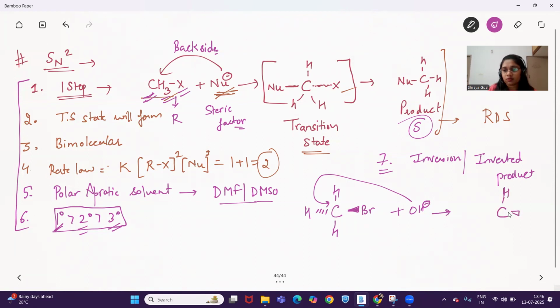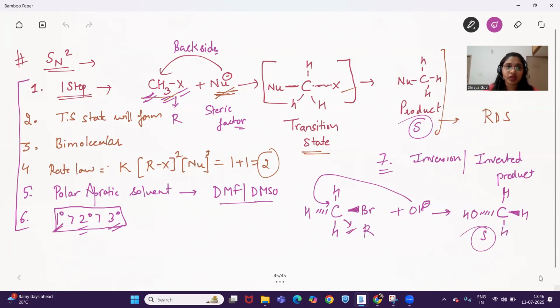Hydrogen, hydrogen, hydrogen, and the nucleophile will come at this position. This is not a chiral carbon, but if you take a chiral carbon and decide the configuration, if it is R, then it will become S. So this is the very important mechanism.